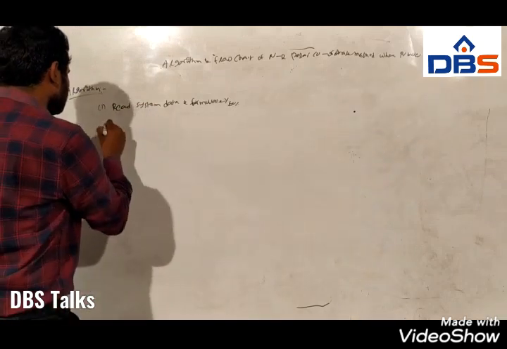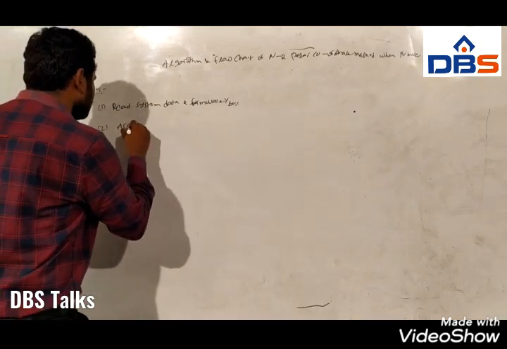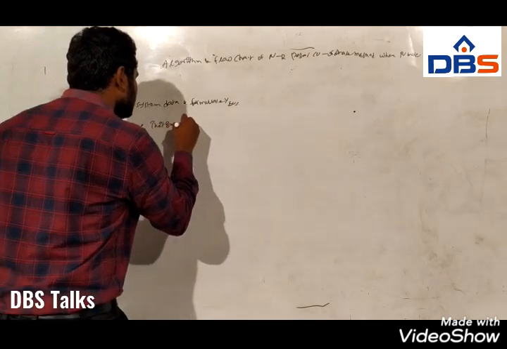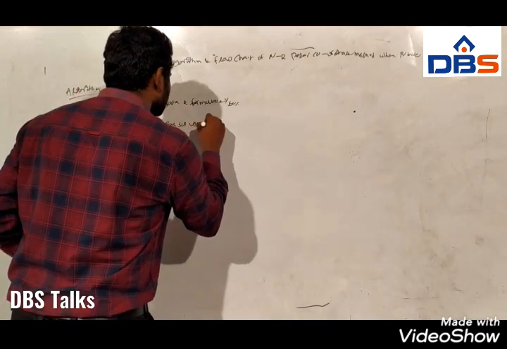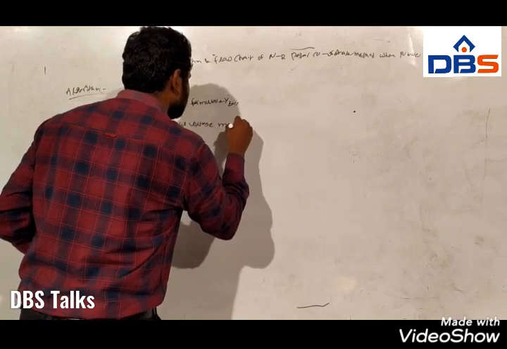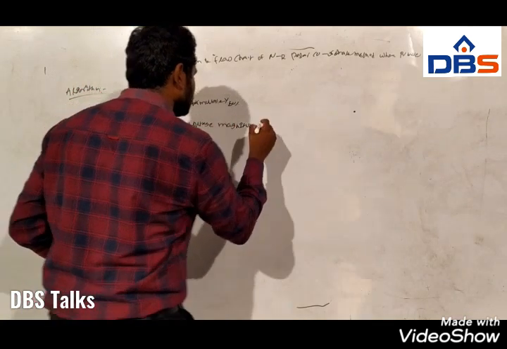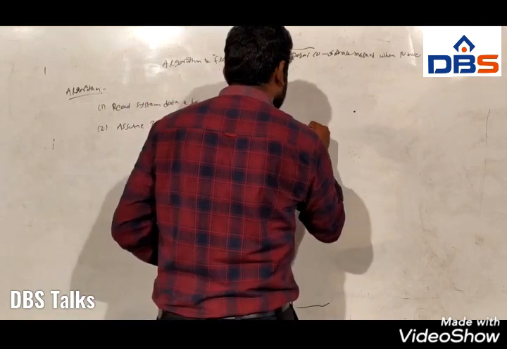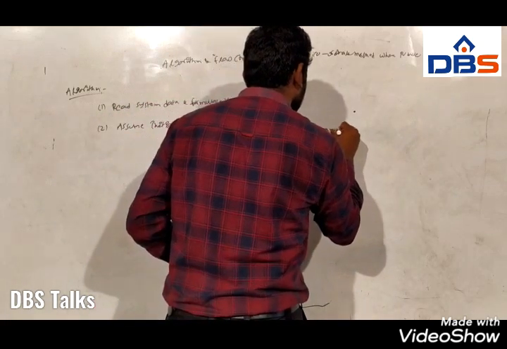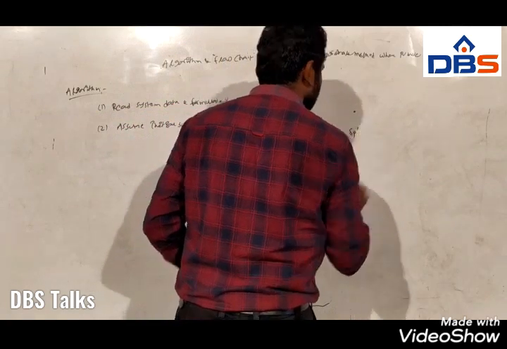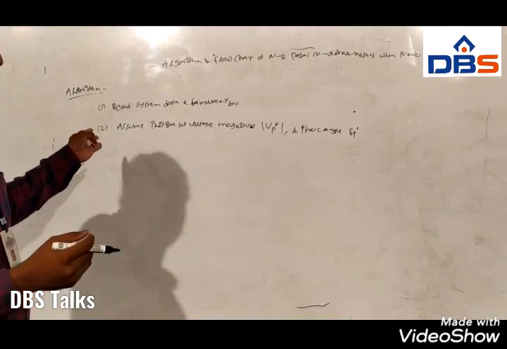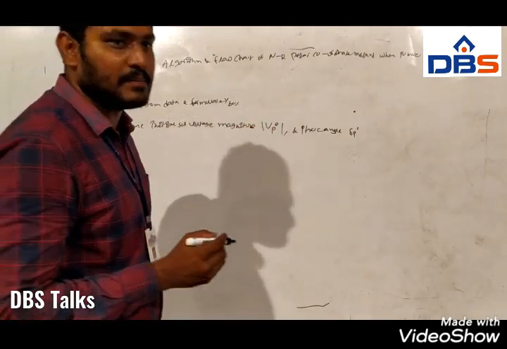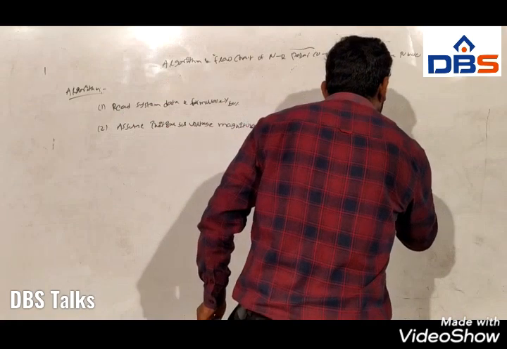The second step is to assume initial bus voltage magnitude |Vp|^0 and phase angle delta p^0 for all PQ buses.